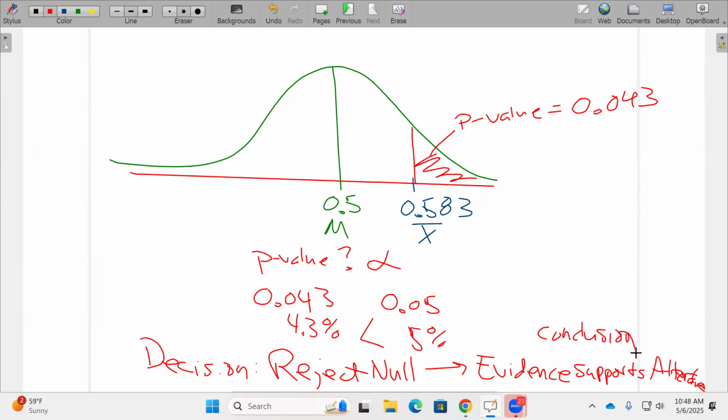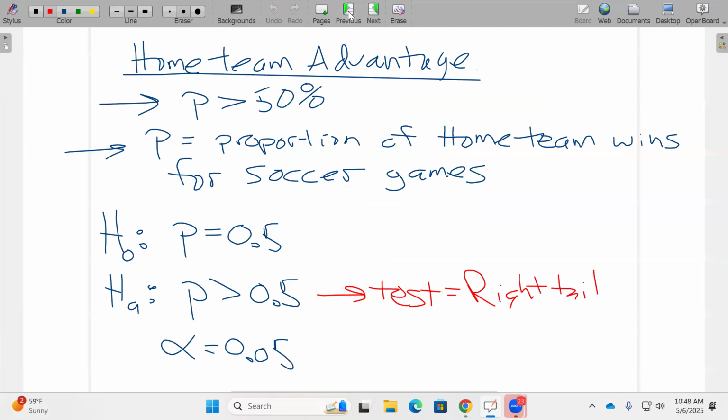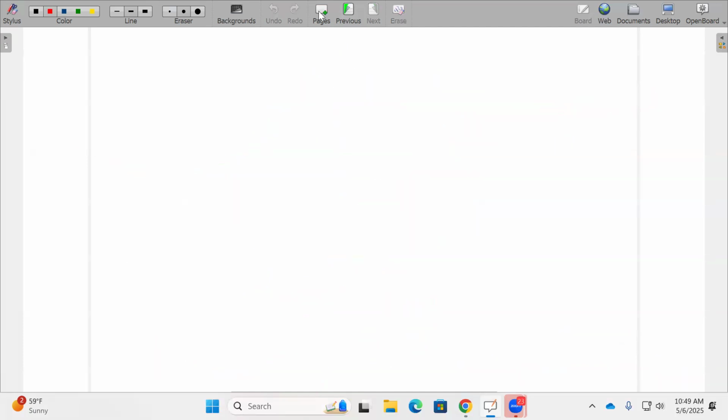And then we try to restate what that means in terms of our parameter. So I would look back, what is my parameter? Proportion of home team wins for soccer games. The alternative, that proportion is higher than 50%, meaning they have an advantage. So my conclusion would look something like this.